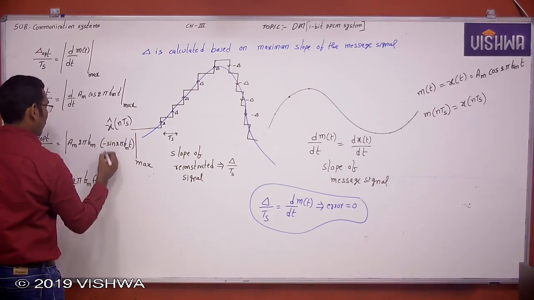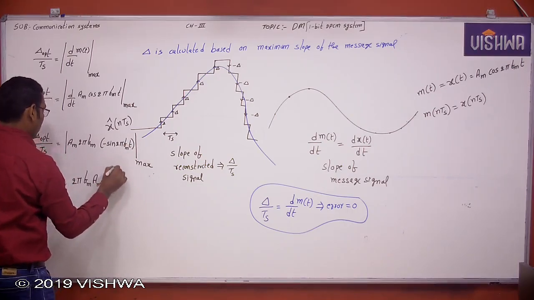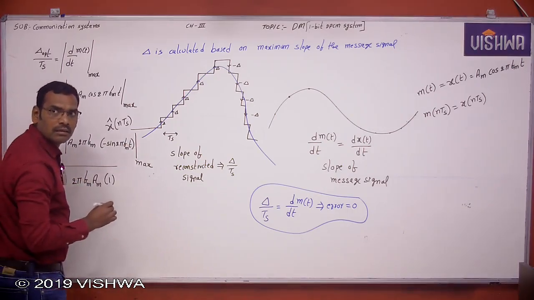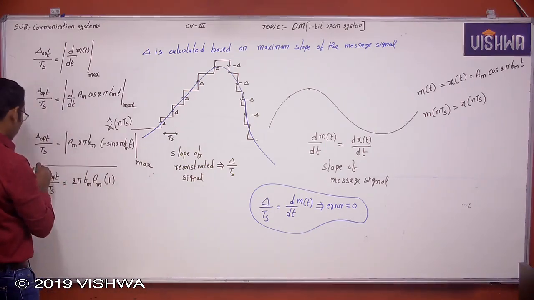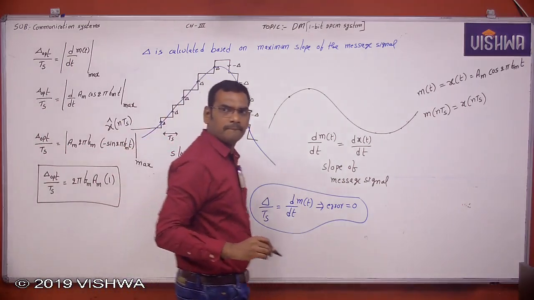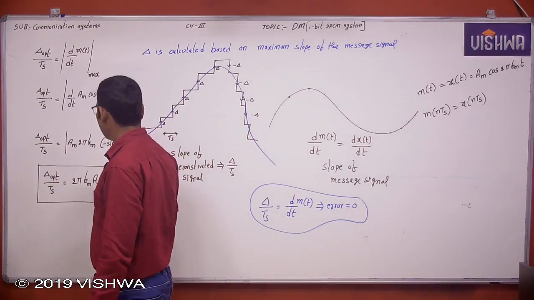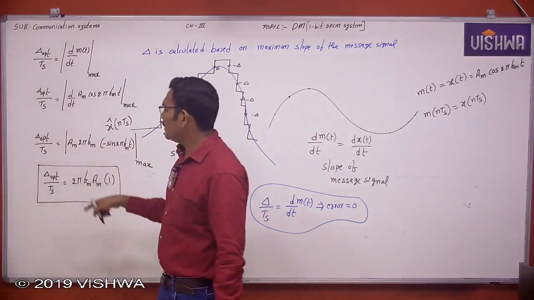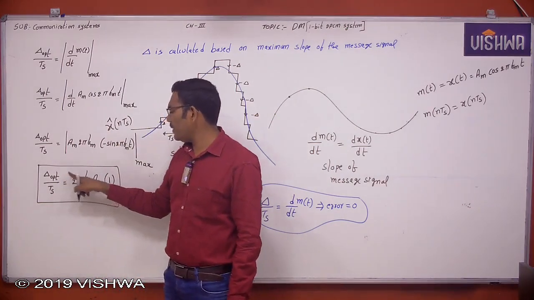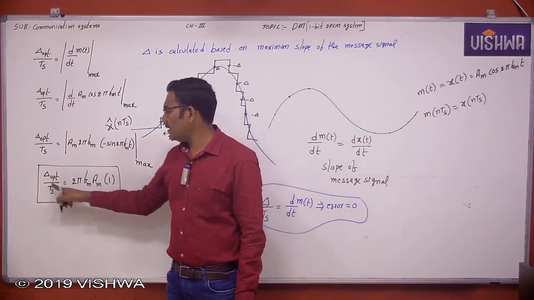The modulus makes the minus value positive, and the sine term is 1. So this is the optimum step size value without any error. Now see here, the optimum step size is calculated based on the amplitude of the message signal, the frequency of the message signal, and the sampling rate.